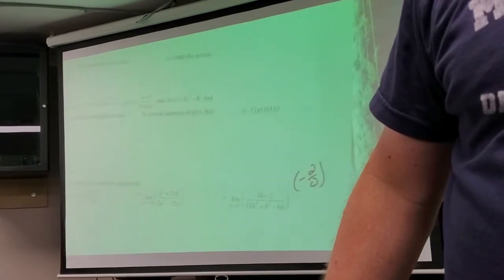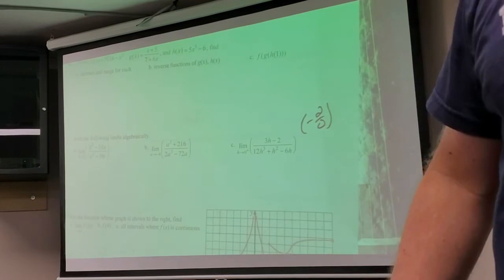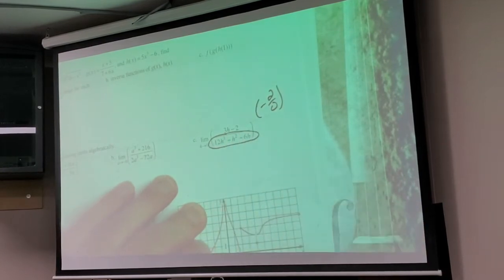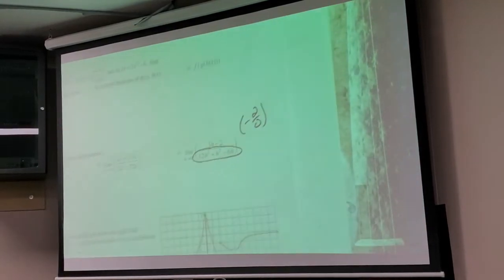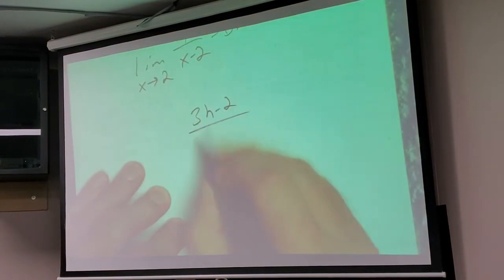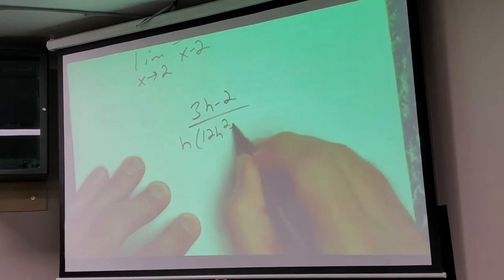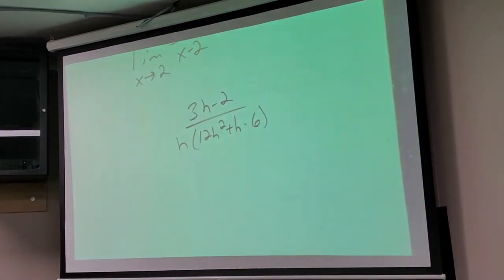Okay, I like it. Let me show you something. Do you guys look forward to factoring this? I really want this to make all the sense in the world. Let me write it down again. I'm going to take an h out of the bottom. Is that cool? That's the factoring we should all be like, I got this.